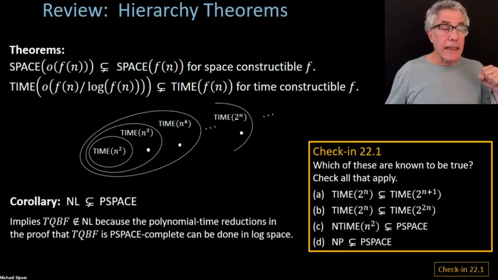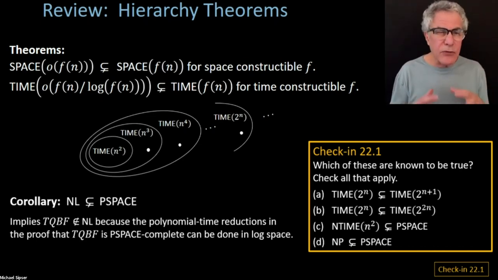But this example of a language, if you remember how the time hierarchy theorem or the space hierarchy theorem was proved, this language itself is not an interesting language other than the purpose that it serves, to be in that class and not in a lower class. It's not a language that anyone would care about, and it's not even easy to describe.